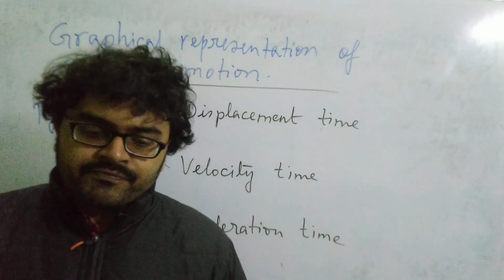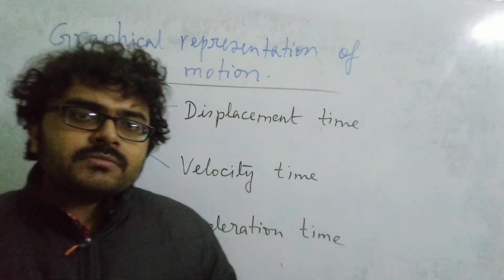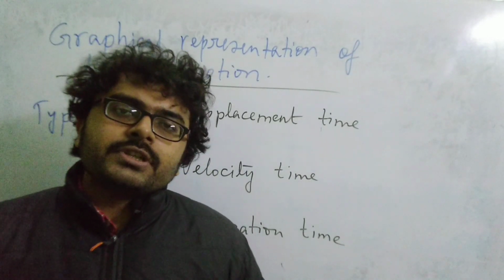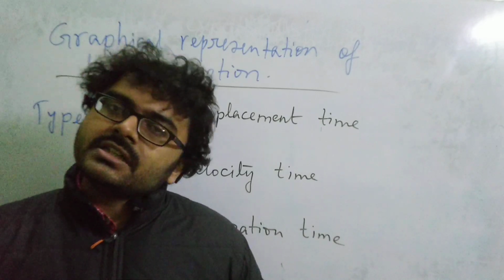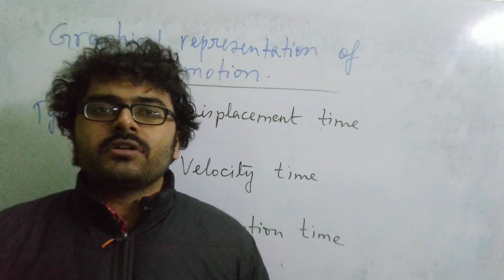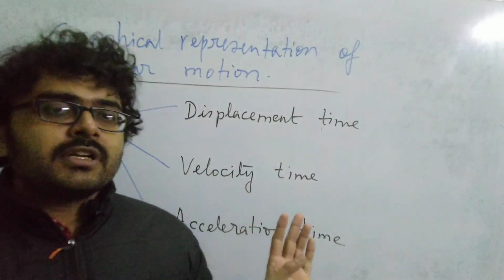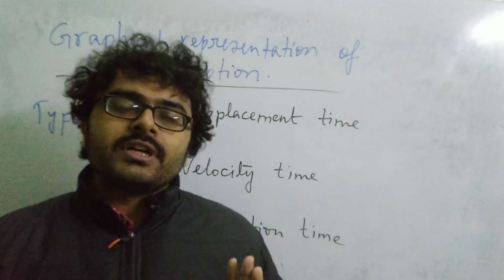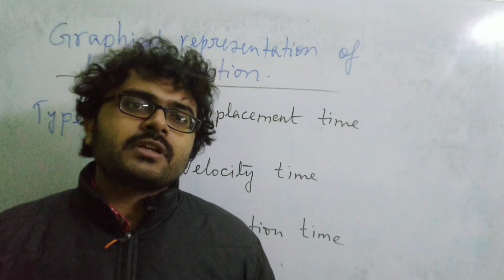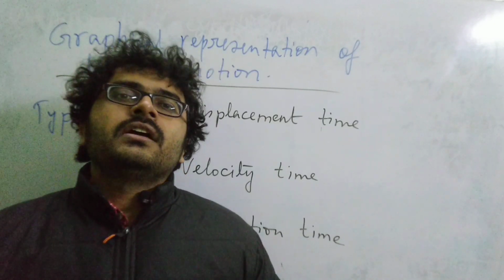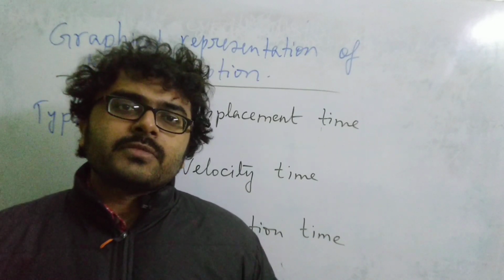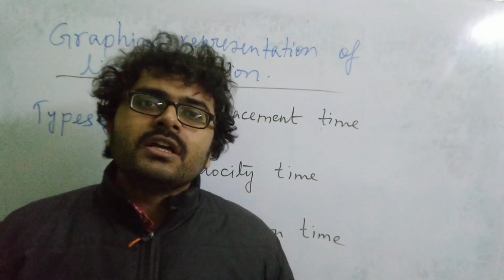Now remember, in all these three kinds of graphs, we always take time on the x-axis. If you are considering a displacement time graph, displacement will be on the y-axis. For a velocity time graph, velocity will be on the y-axis. And for an acceleration time graph, acceleration will be on the y-axis.